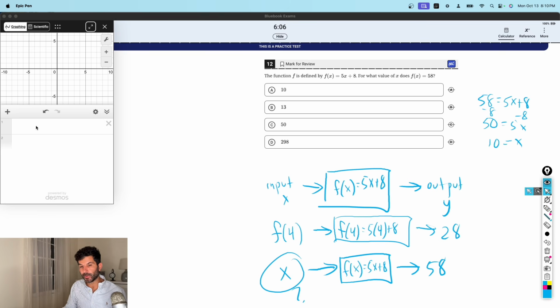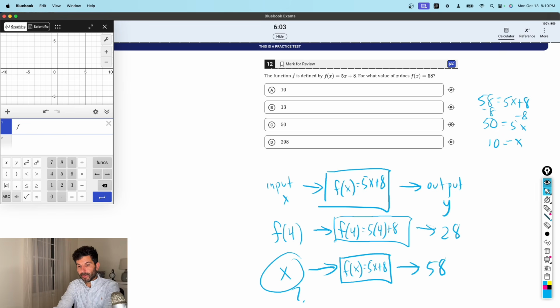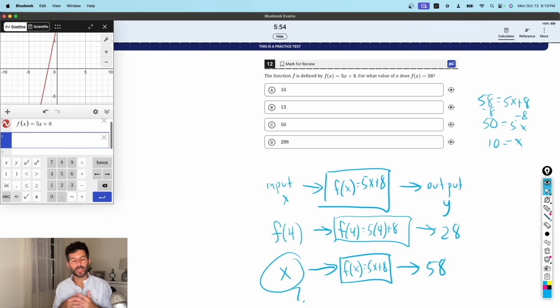What we could do on Desmos is type in the function. So f of x equals 5x plus 8. And then let's use that regression. Let's bring back that tilde. This time, guys, we're going to say 58 tilde f of x 1.